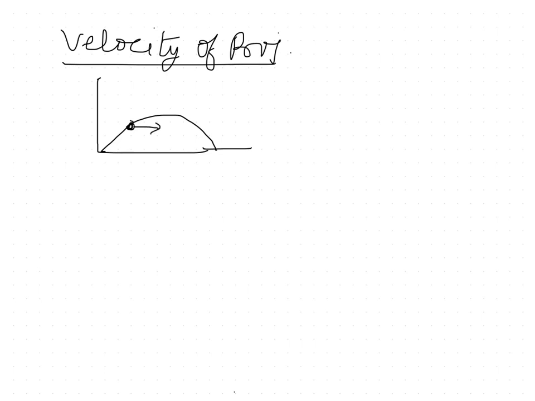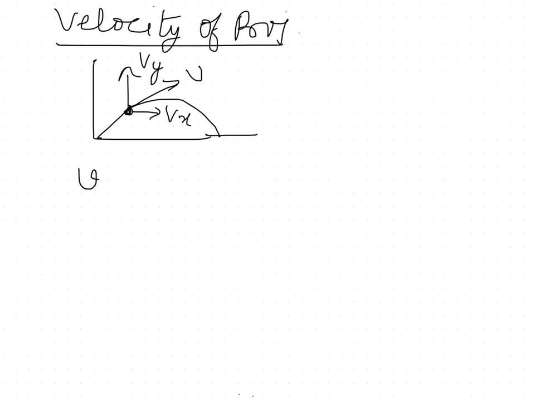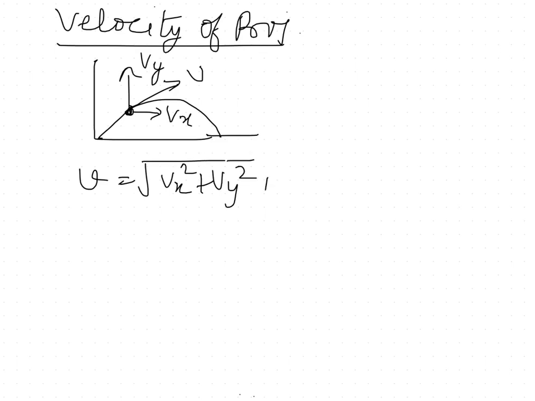The x component can be written as Vx, and the y component is written as Vy, and this is its final velocity V. So this velocity V can be written equal to root of Vx square plus Vy square plus 2VxVy cos 90, which is equal to 0. Here Vx equal to Ux, because velocity is not changing in the x direction, that was equal to u cos theta.